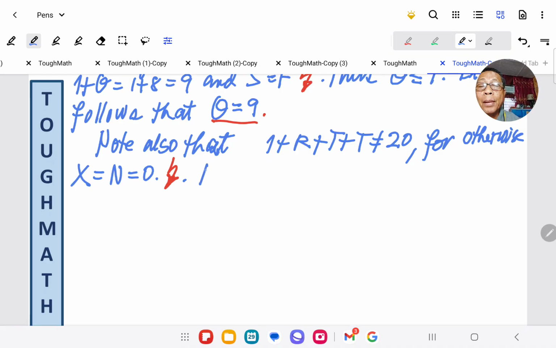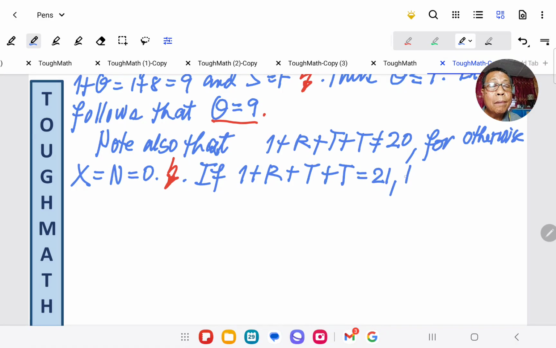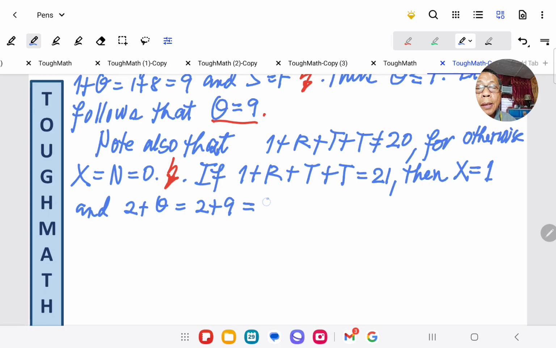So we consider the next possibility. If 1 plus R plus T equals 21, then it will mean that X is equal to 1, and 2 plus O equals 2 plus 9 equals 11.